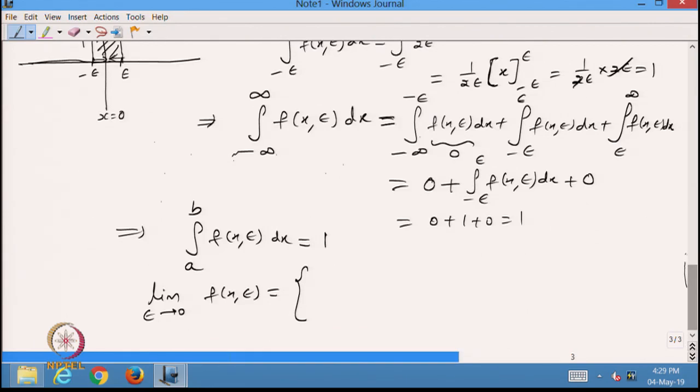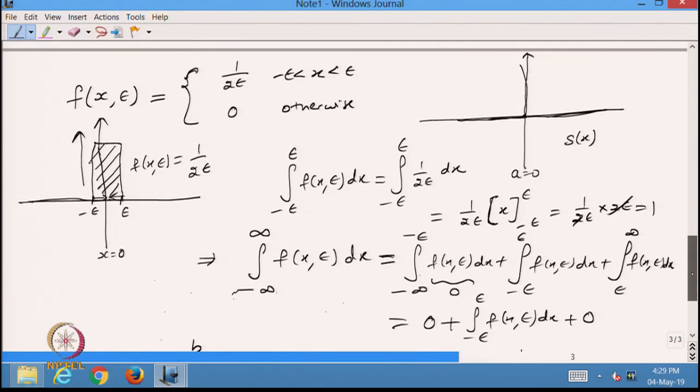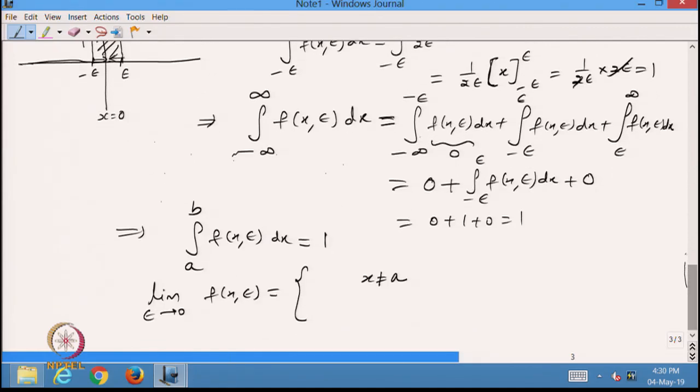So if I put the limit epsilon tends to 0, then this value will be 0 when x is not equal to 0 and become infinity when x is equal to 0.